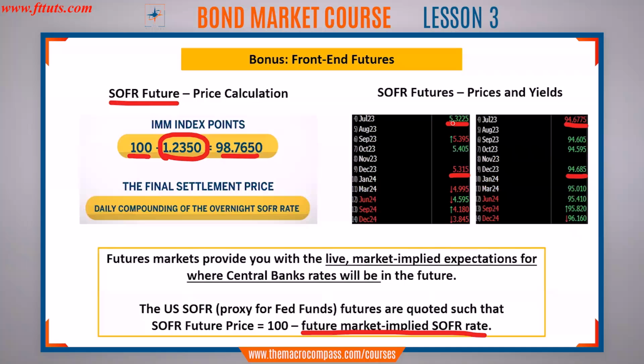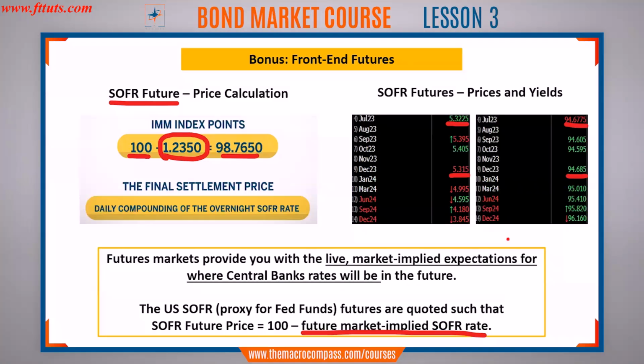So that means that the market is expecting the Fed on a net basis to do nothing between July and December. And so on and so forth, even for longer maturity SOFR futures, they go all the way to 2027, 2028. So you have a live market implied expectation in front of you for where central bank rates will be at any determined point in the future.